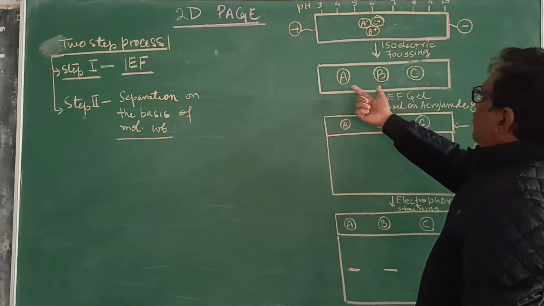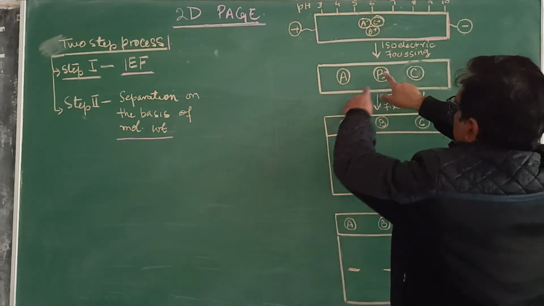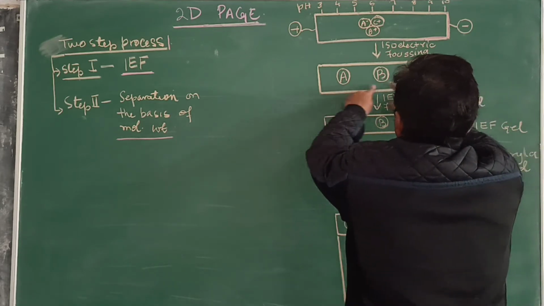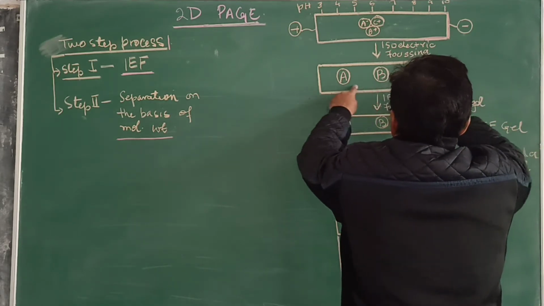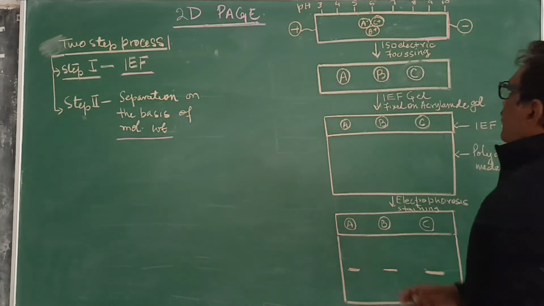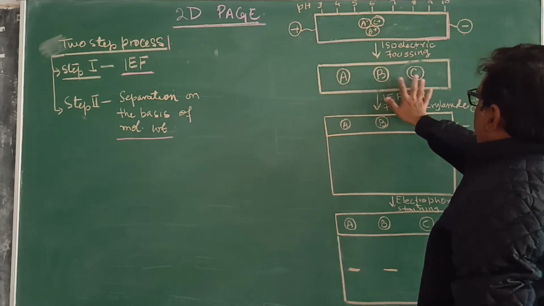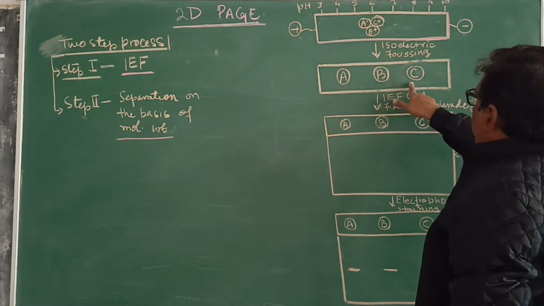In the first step, the movement is in this direction. This is the one dimension. So in this way, these three proteins get separated according to their isoelectric point.